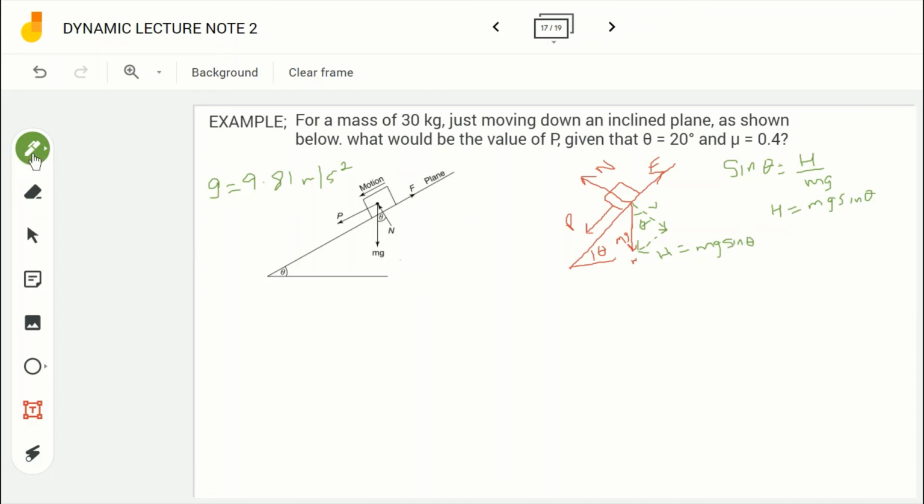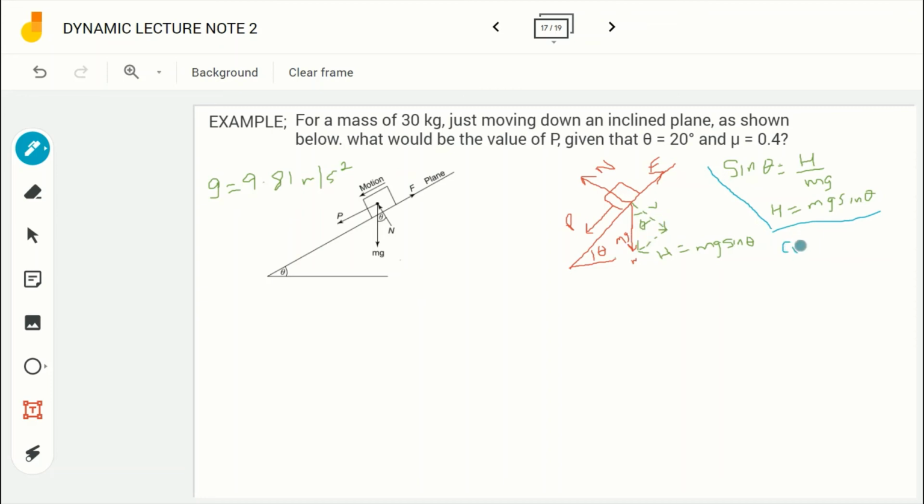All right. Next, I check for my V. For the V, my V is the adjacent. To get my adjacent, I have to use cos.